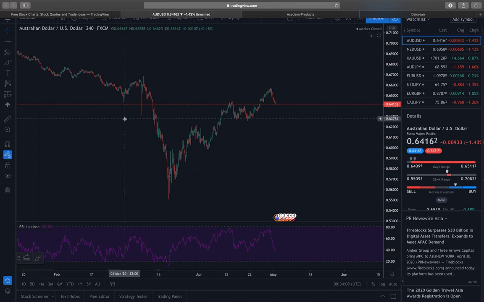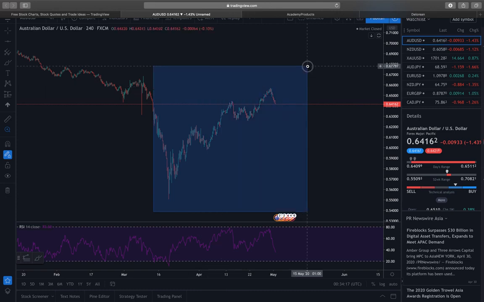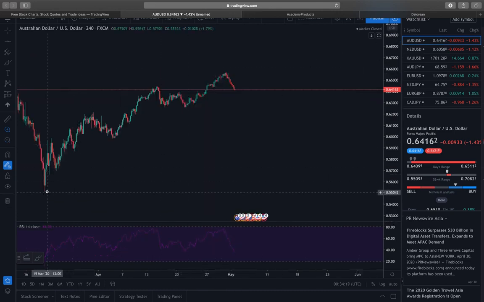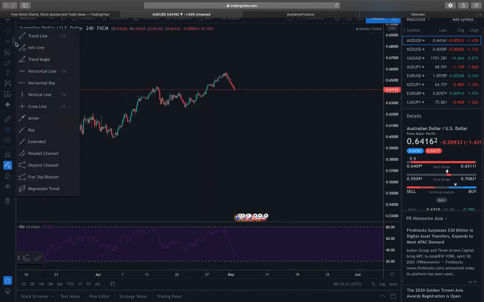So let's pretend you're trading this area right here, whether it's hindsight or future, it doesn't matter. You're trying to figure out when you're going to trade it, or maybe you're already in long.